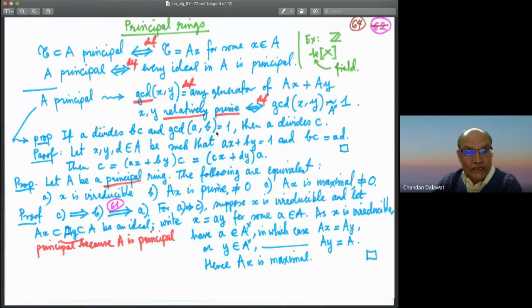The GCD of a and b being equal to 1 means that there exist x and y in my ring A such that ax plus by is equal to 1. That was the definition: Ax plus Ay should be equal to the whole ring A, which means that there is an x and a y such that ax plus by is equal to 1. Also, bc is a multiple of a, so bc is equal to ad for some d in A. Now I have to show that a divides c. That was the conclusion.